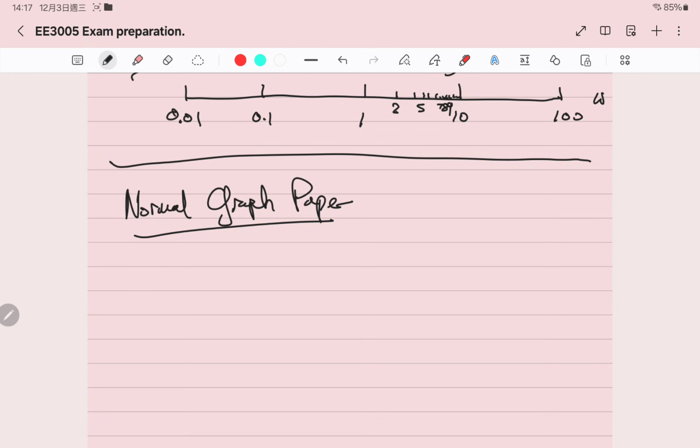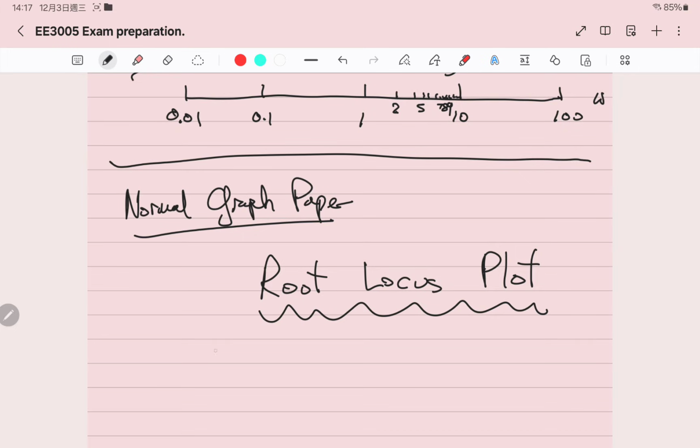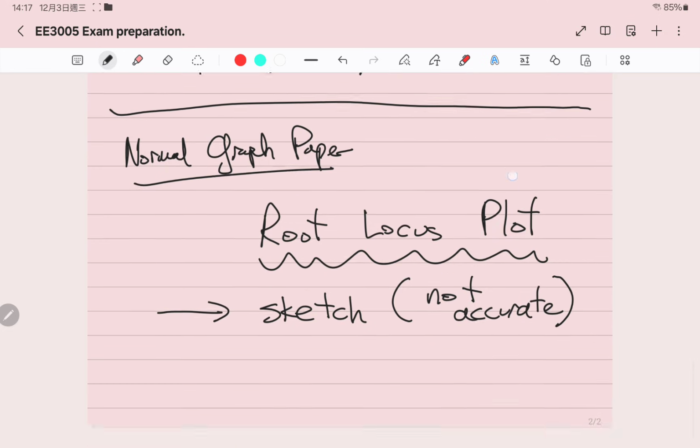I think the other graph you probably need to draw is the root locus plot, if there's any question on this one. For the root locus plot, you obviously know that it is just a sketch and it is not accurate. So it doesn't need to be accurate.